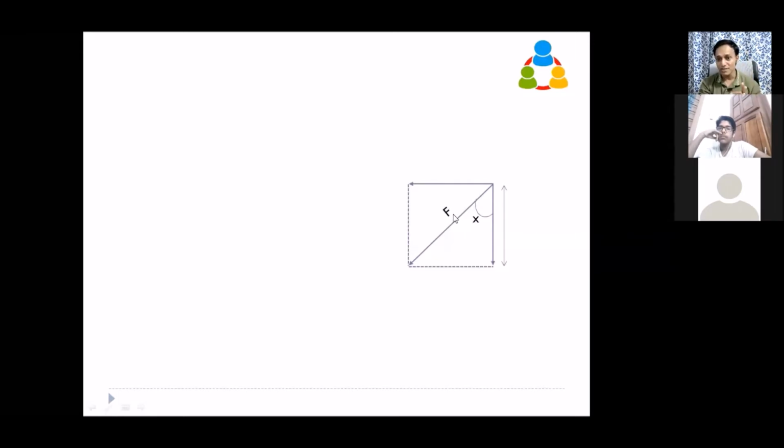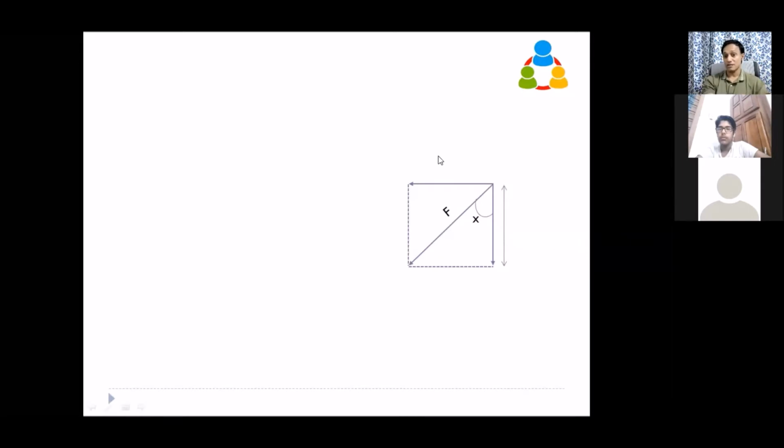So what you have to bother about is whenever there is any force like this, the component along the side which makes the angle with it is F cos X. Which means, when this angle becomes 0, cos 0 is 1. That is what you have to understand. Whichever direction, this direction could change.